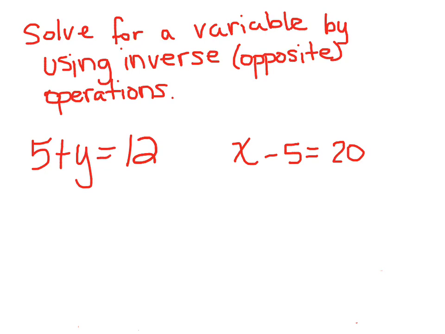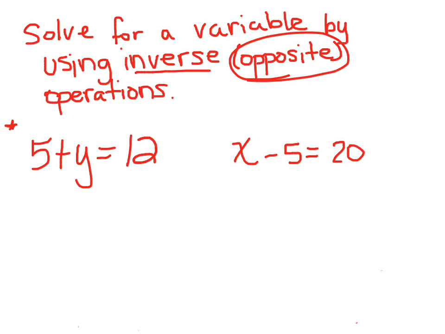Okay? When you solve for a variable, you solve by using the inverse operation, which means the opposite. We've talked about that before with multiplication and division. So for example, 5 plus y equals 12.